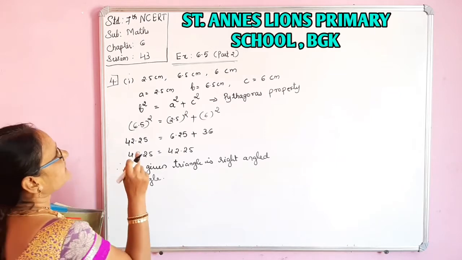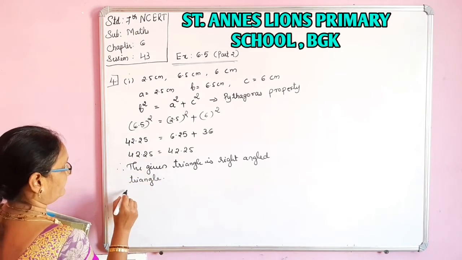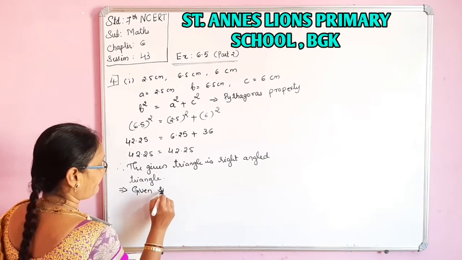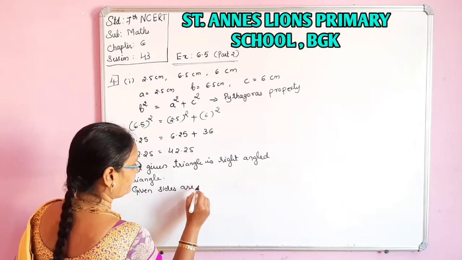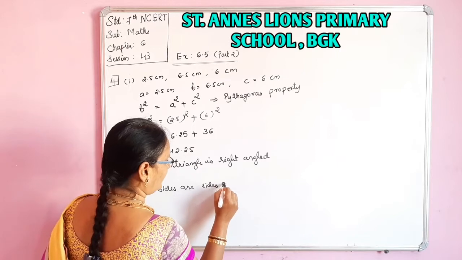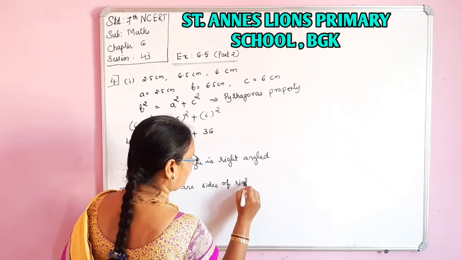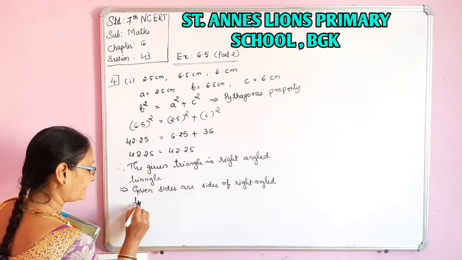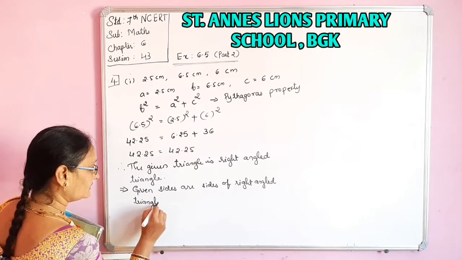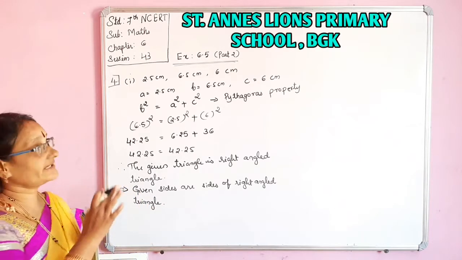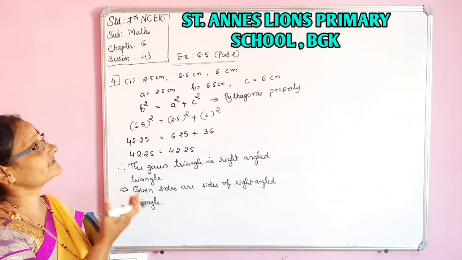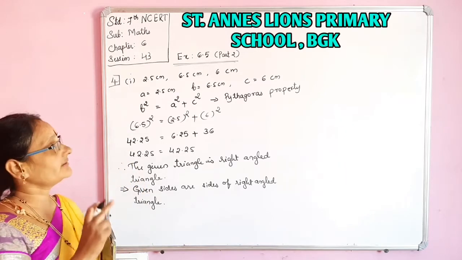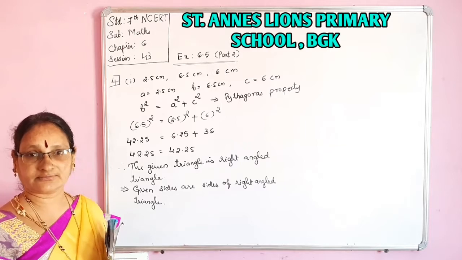And the given sides are sides of a right angled triangle. Okay, this is how to test whether the given sides are sides of a right angled triangle or not. The same way you have to do for second and third.